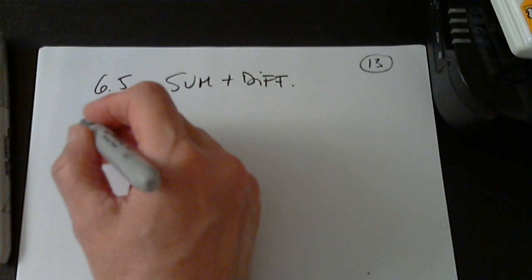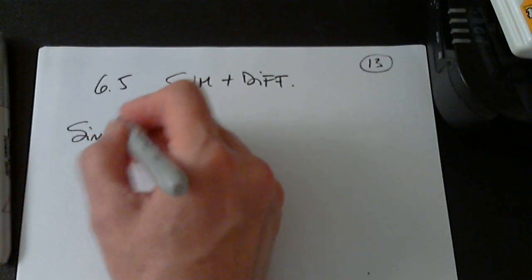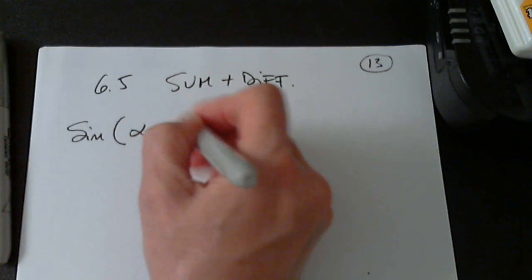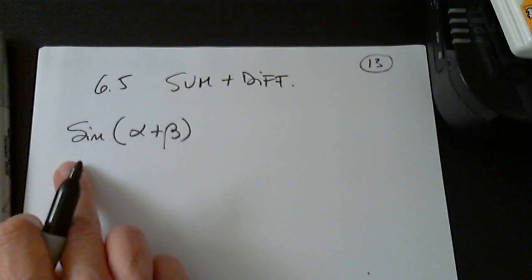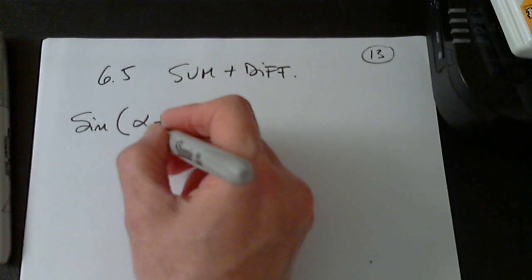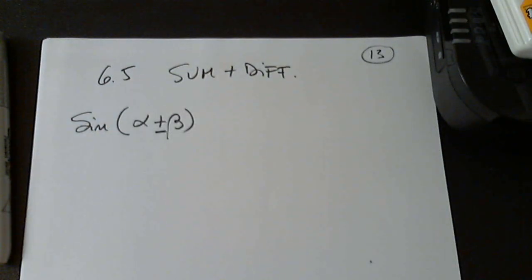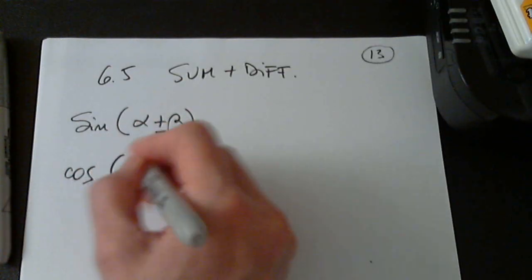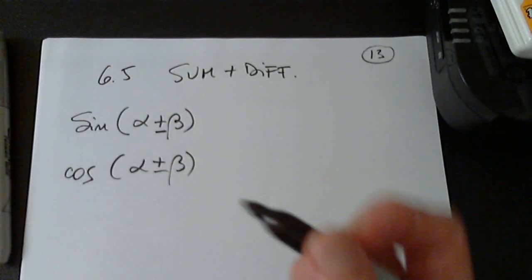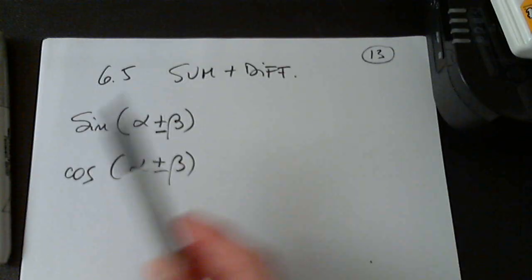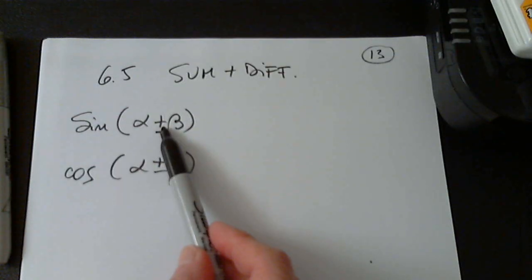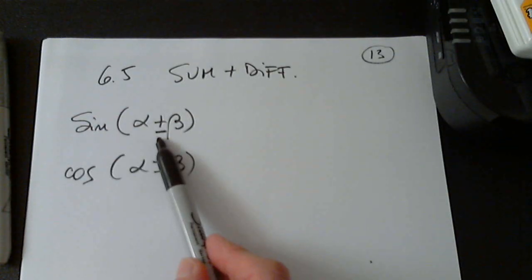In other words, we're talking about adding two angles and then applying sine to it, or difference. Cosine. Sum and difference formulas. Sine of a sum or sine of a difference.